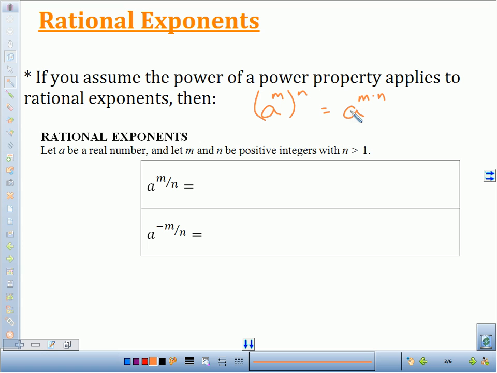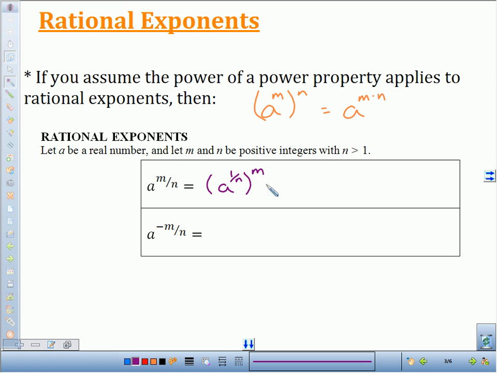Now, if we assume that this works, even when exponents are fractions, rational means fractions, then we can break this down in some useful ways. I have a to the m over n, which, assuming the power of a power property works, I could rewrite as a to the 1 over n to the mth power.